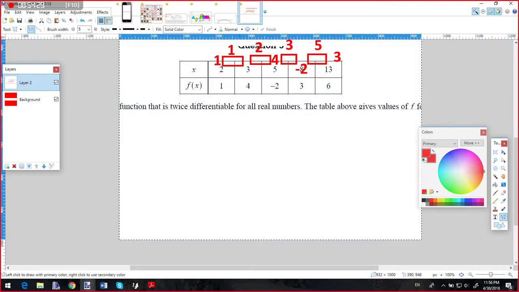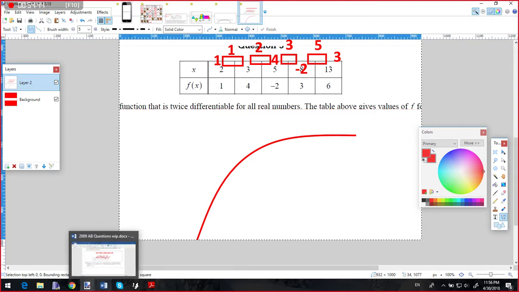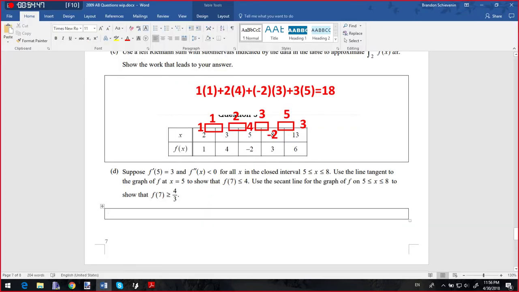If I'm concave down, I would be curving down like that, and that is from 5 to 8, where we moved from -2 to 3. So I was increasing, and if my slope was 3, then I was increasing at a rate of 3.